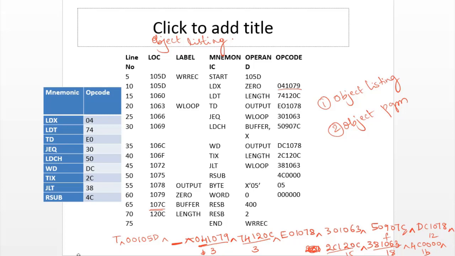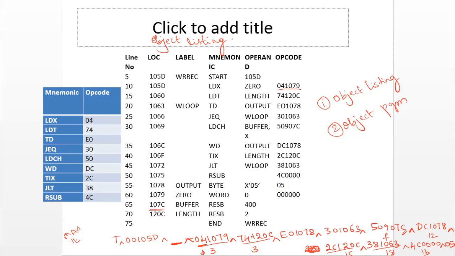What is the maximum limit? Maximum limit is 1E. So what is the next value we have? 05. When I say 05, I have occupied 1C bytes. Have we counted properly?